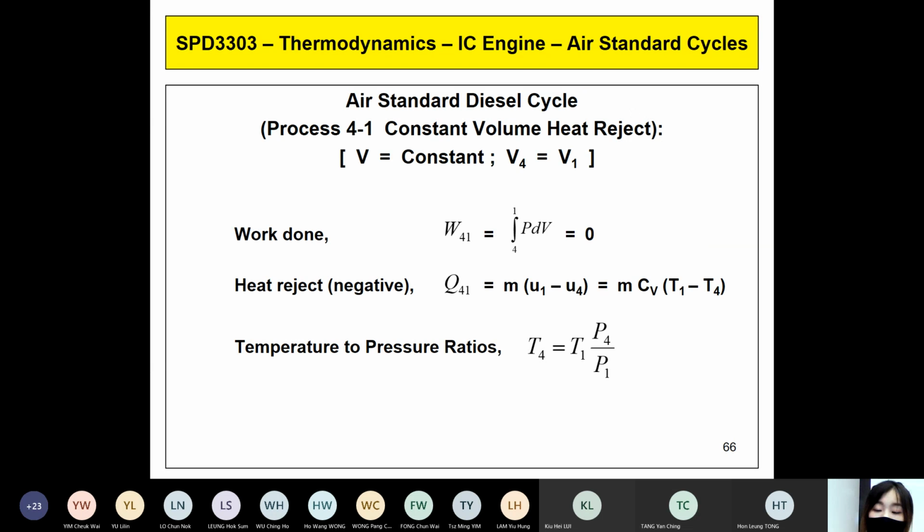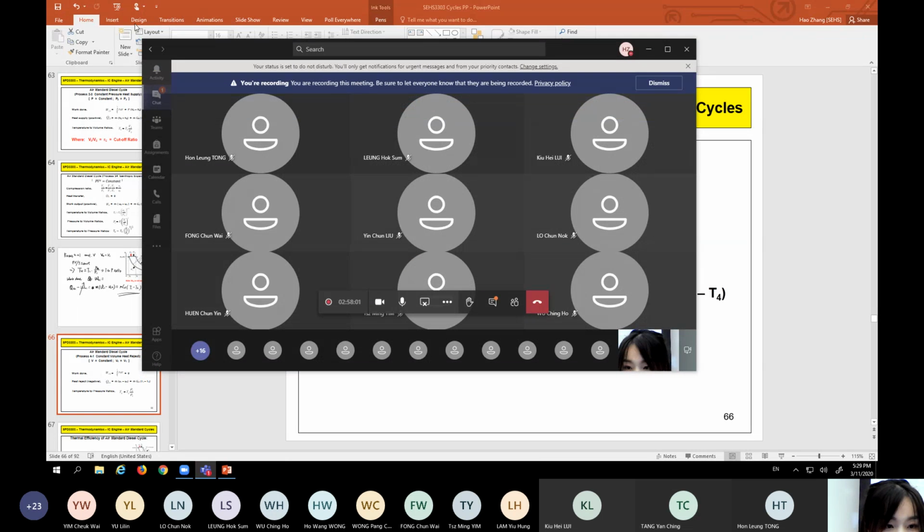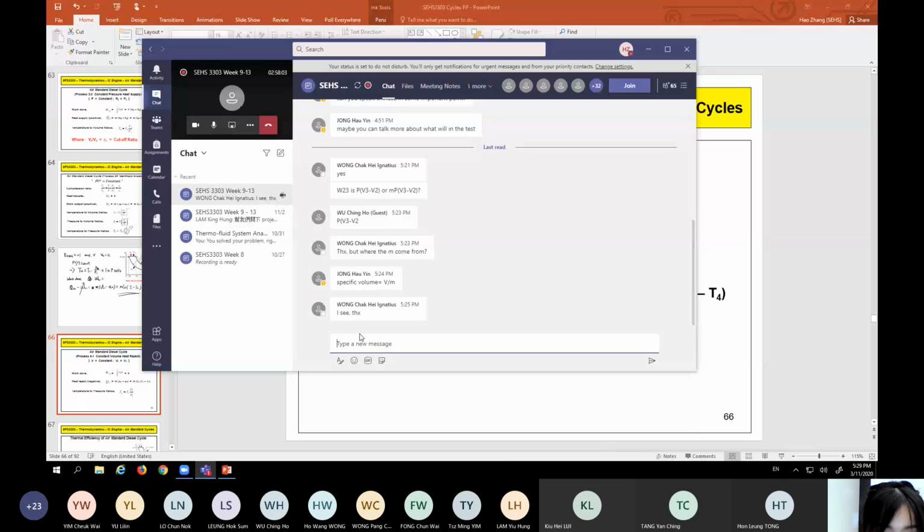At this point, any problems for this four-process cycle? Any equations that you don't know how to derive? For those who are facing your computer, can you follow? I see, thanks.